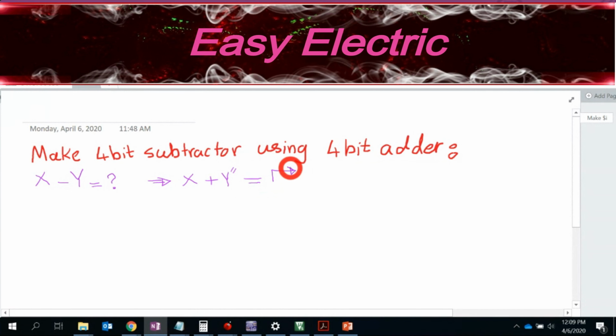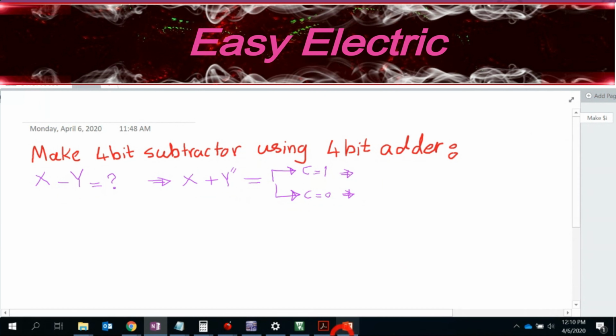There are two possibilities, two scenarios. Anyone remember? Whenever you add with the first complement of y, there are two cases: one is carry is equal to 1, the other is carry is equal to 0. Remember from chapter 1, whenever carry is 1, what do we need to do?